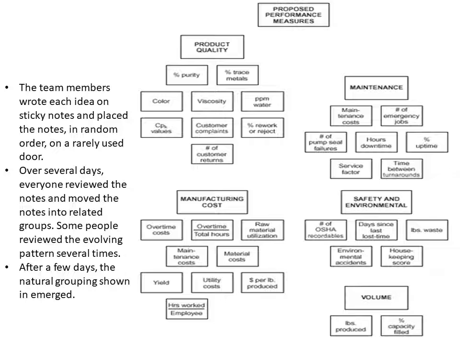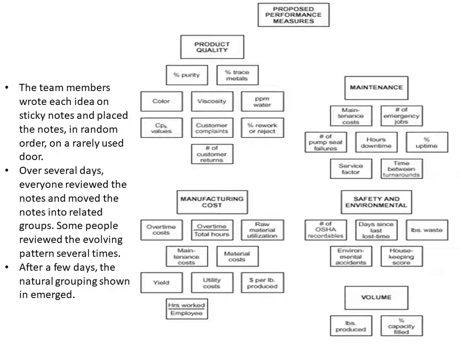On the first quadrant, you have product quality. Under product quality, you have sets of related parameters. You have percentage purity, percentage trace metals, color, viscosity, parts per million water usage, CPK values, which is process capability index values, customer complaints, number of customer returns, percentage rework or reject.